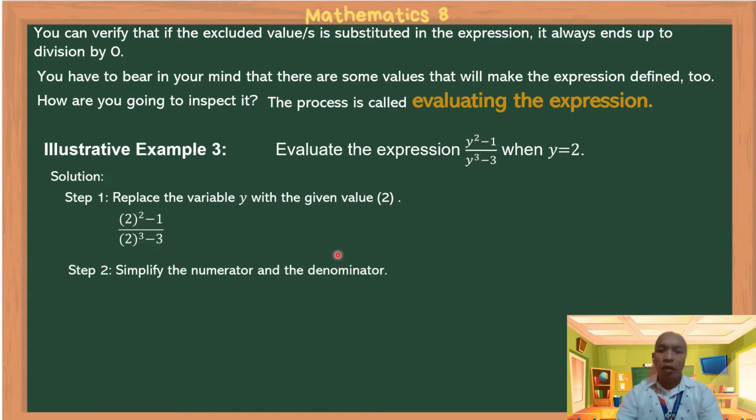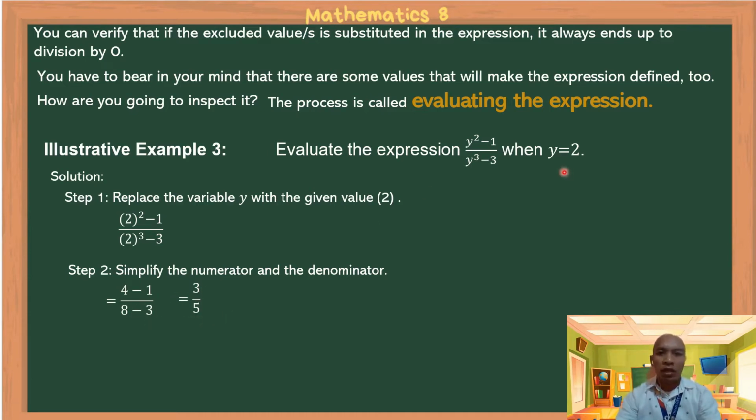Then simplify the numerator and the denominator. 2 squared is 4, copy negative 1, and 2 cubed is 8. Take note, 2 cubed is 2 times 2 times 2. So 2 times 2 is 4, times 2 is 8. So 2 cubed is 8, minus 3. So 4 minus 1 is 3 and 8 minus 3 is 5.